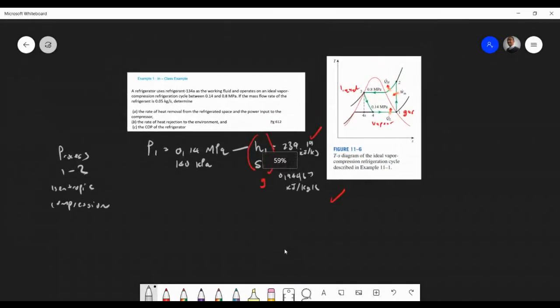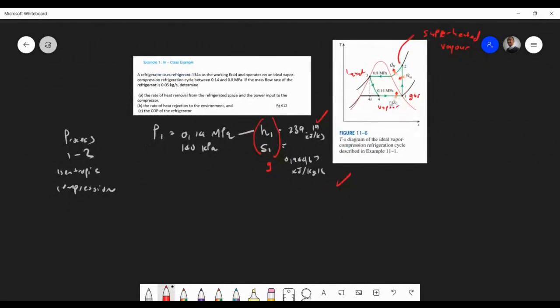Okay, what I'm making you aware of first is that this over here is now the superheated region. Remember, the compressor raises the pressure and temperature, so it is superheated vapor here.